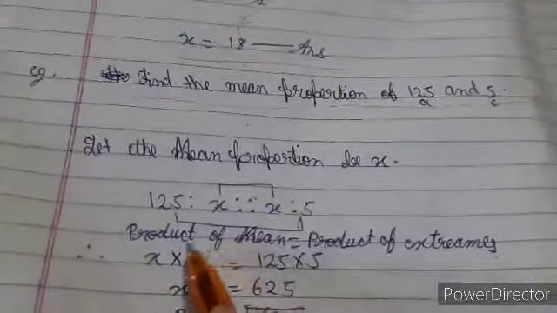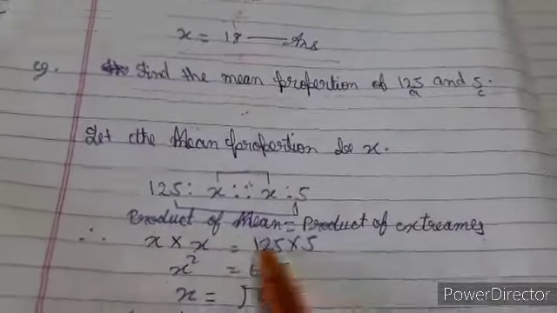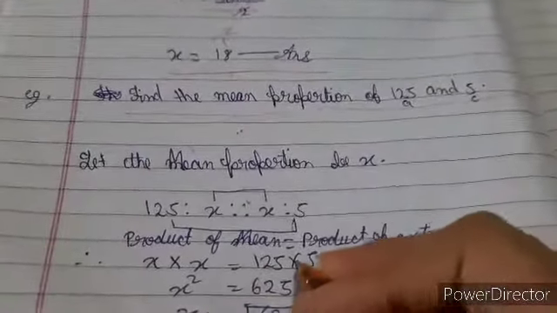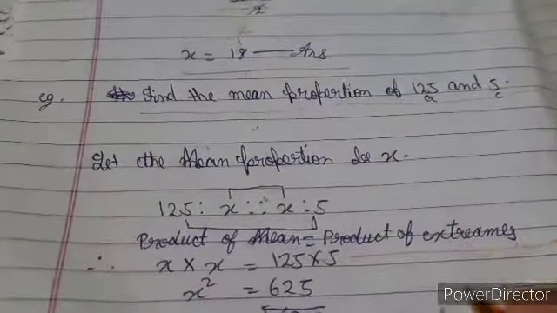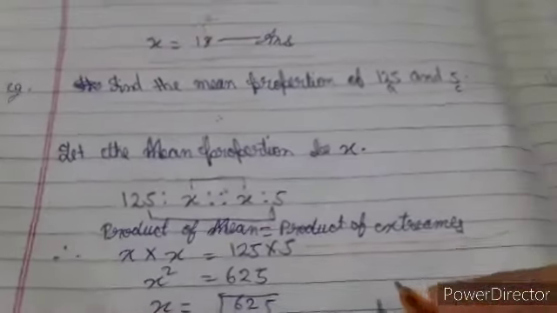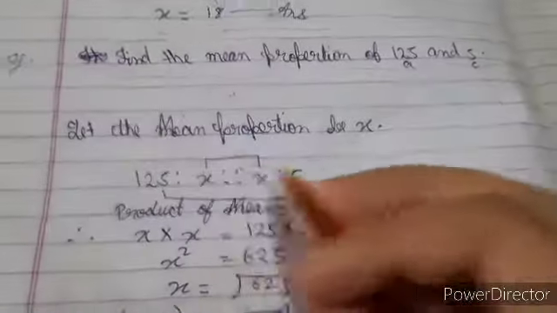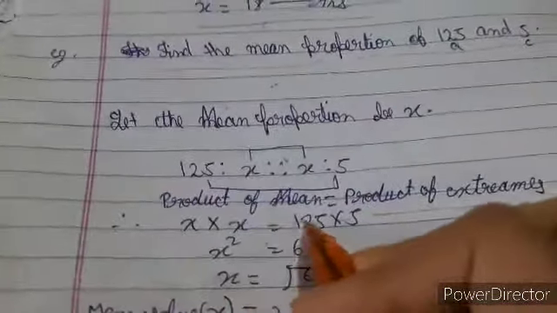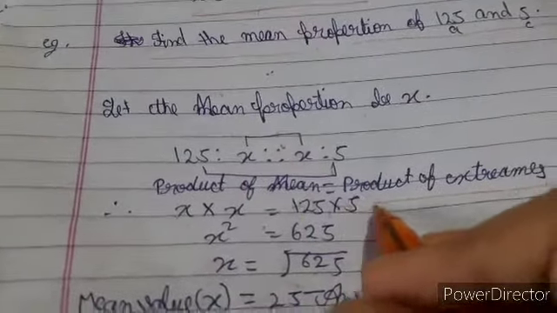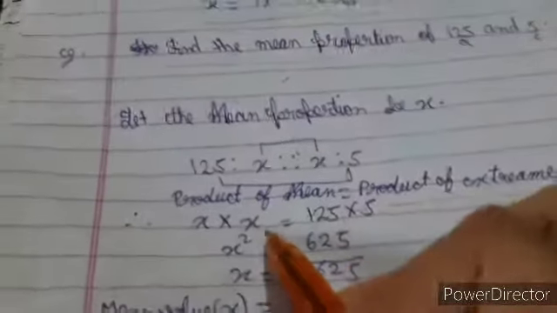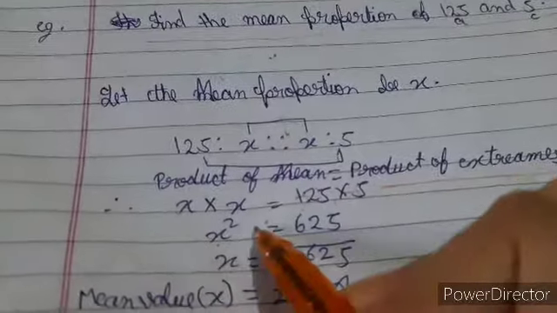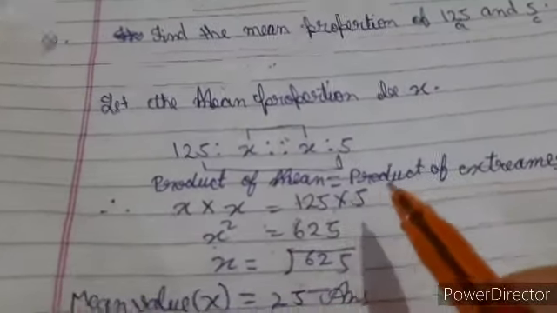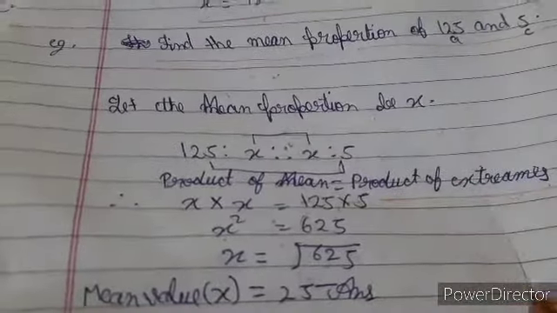What is the formula to find the mean? Product of means is equal to product of extremes. I have told you earlier only. We multiply X into X is equal to 125 multiplied by 5. X into X is X square is equal to 625. 125 multiplied by 5, you can solve in rough column.